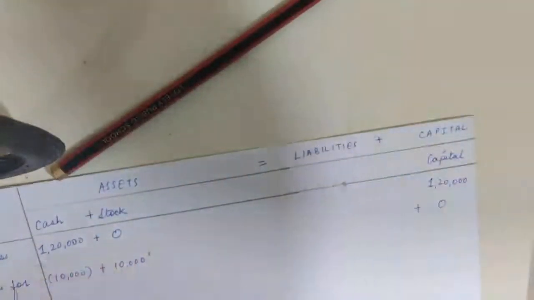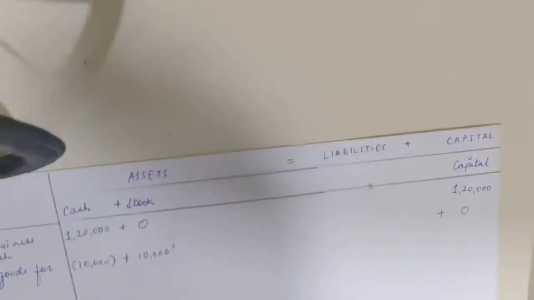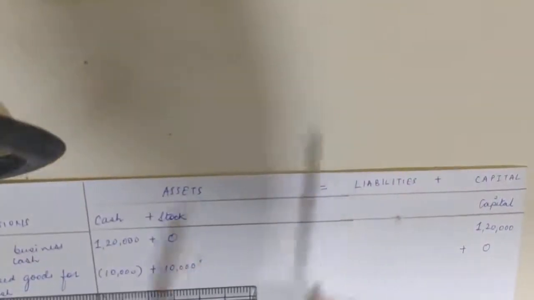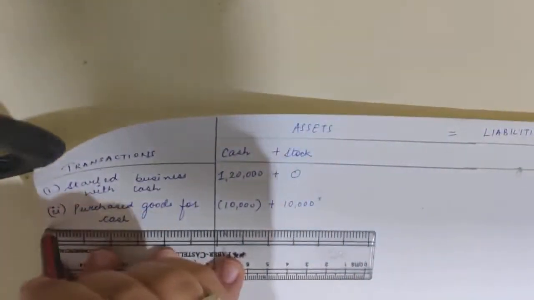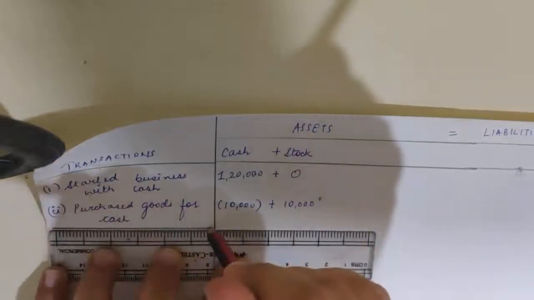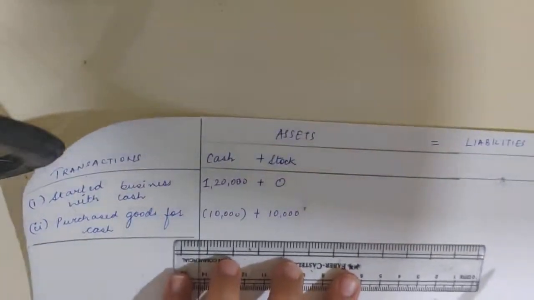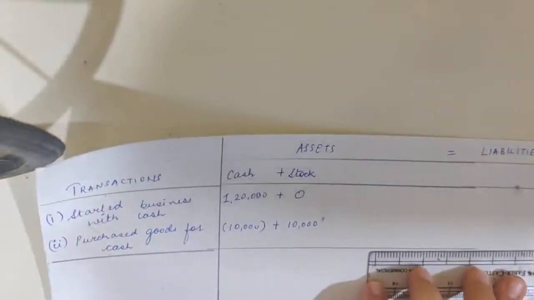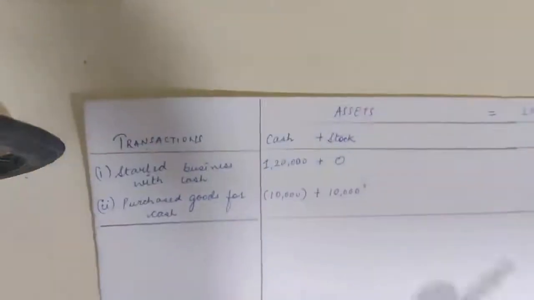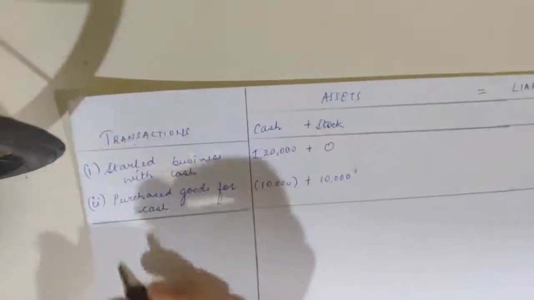Now the very next thing is closing these first two transactions. How are we supposed to do that? We are going to put one line over here which goes like this, because we have to create one new equation.